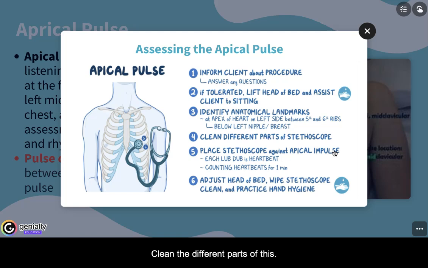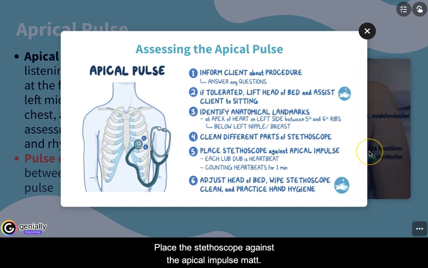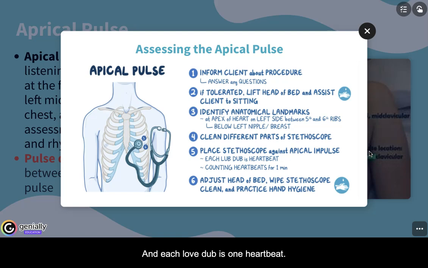Clean your stethoscope, place the stethoscope against the apical impulse. We call it the maximum impulse. We put that right there, and each lub-dub is 1 heartbeat. Remember, each lub-dub is 1 heartbeat. So count the heartbeats for 1 minute. Lub-dub, lub-dub, lub-dub, lub-dub.